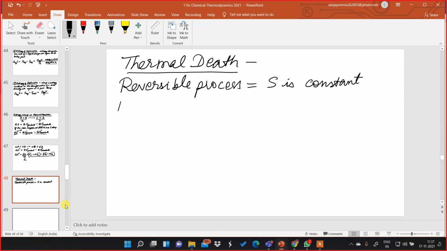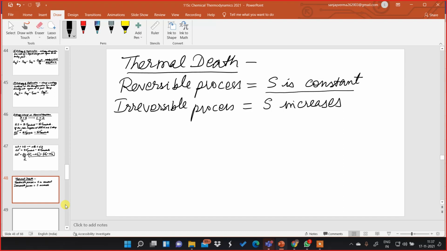So in an irreversible process, S increases. I was talking about thermal death over here. The entropy in a reversible process is constant, but in an irreversible process, entropy increases. This we already know.